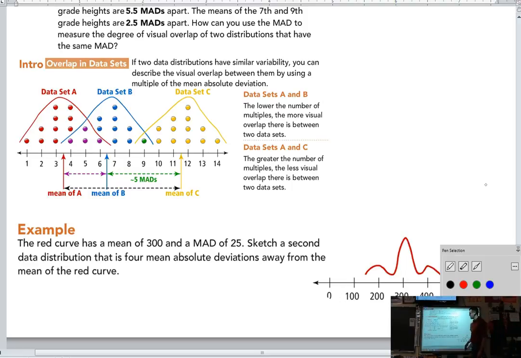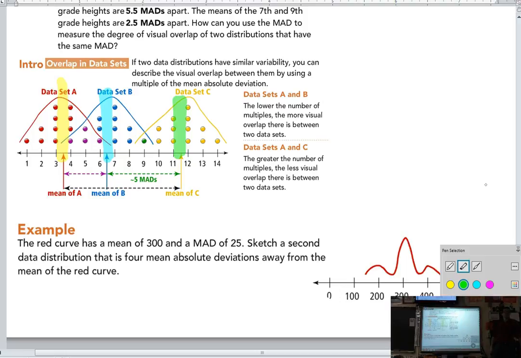So they're saying that the average of the data set was right here, the mean, the average, whatever, or here, or here. And you can highlight, circle, star, whatever you want. The lower the number of multiples, the more overlap. The higher the number of multiples between them, the less overlap or no overlap.